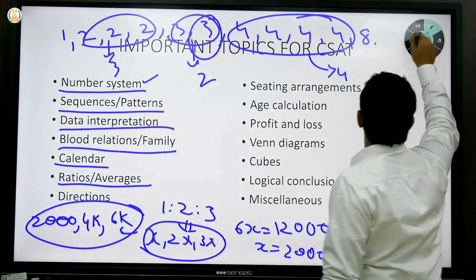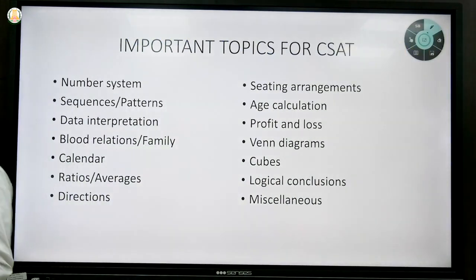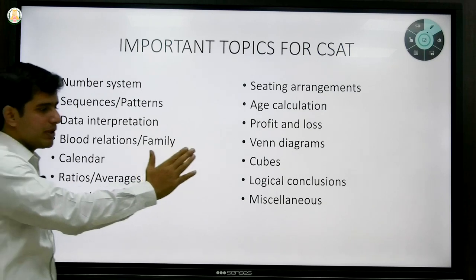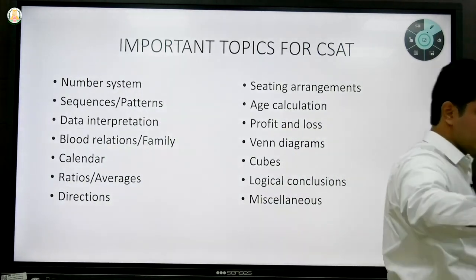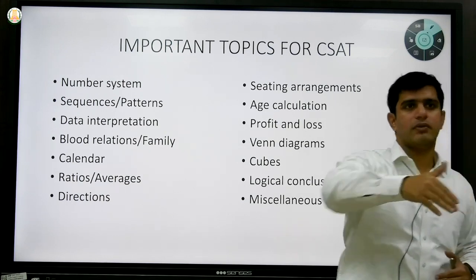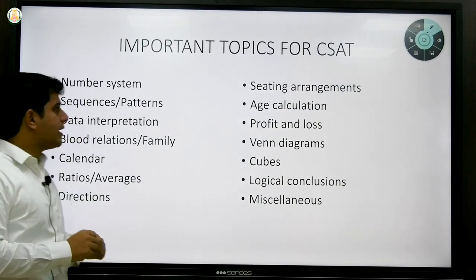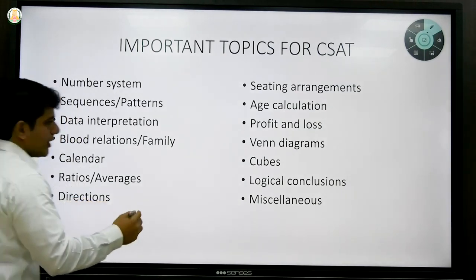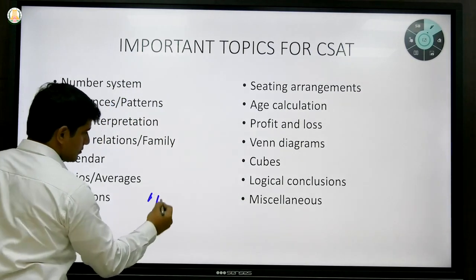Next one is directions. We have seen 2-3 questions where they start from here, go northwards, go eastward this much distance, then go southwards. How much is the distance from the initial point to the final point, or in which direction is he pointing? As I said in the question also, whenever they say north, south, east, west, it's the standard directions.